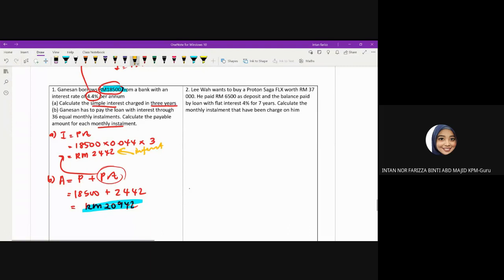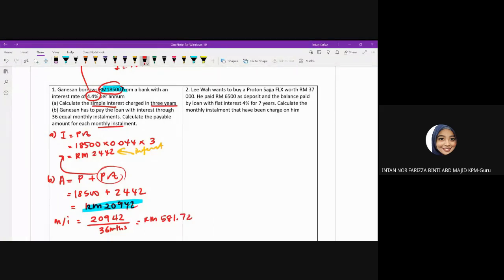Now how do we calculate the monthly installment that he has to pay? I put MI for monthly installment, which is the value of A just now, divided by the total months in those 3 years. How many months in 3 years? 36 months. Divide this and you get RM581.72. What does it mean?